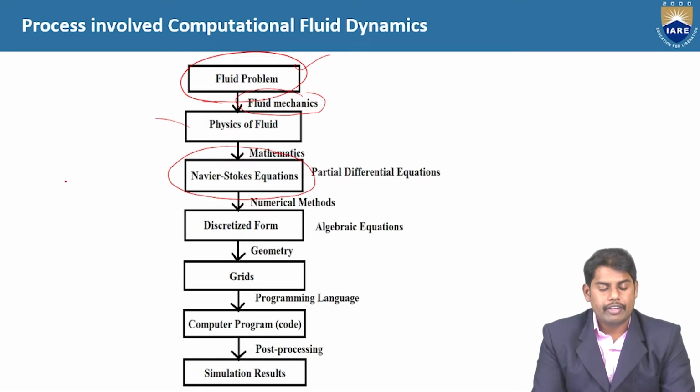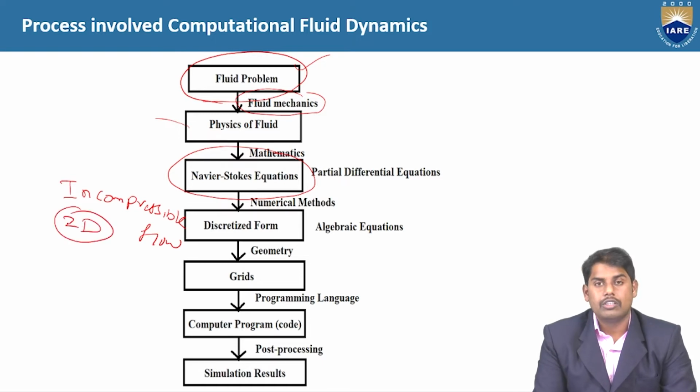Let's say we have an incompressible flow. For the incompressible flow, you have only three equations to be solved. Let's say it is a 2D incompressible flow, so you have the x momentum equation, the y momentum equation, and the continuity equation.